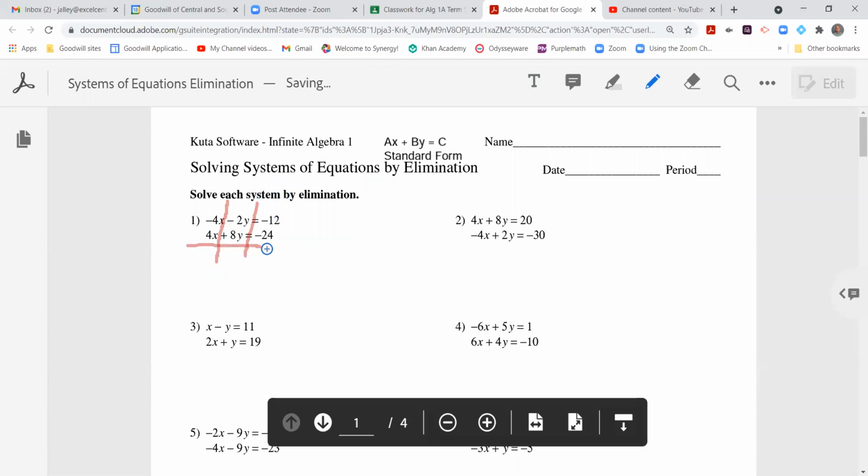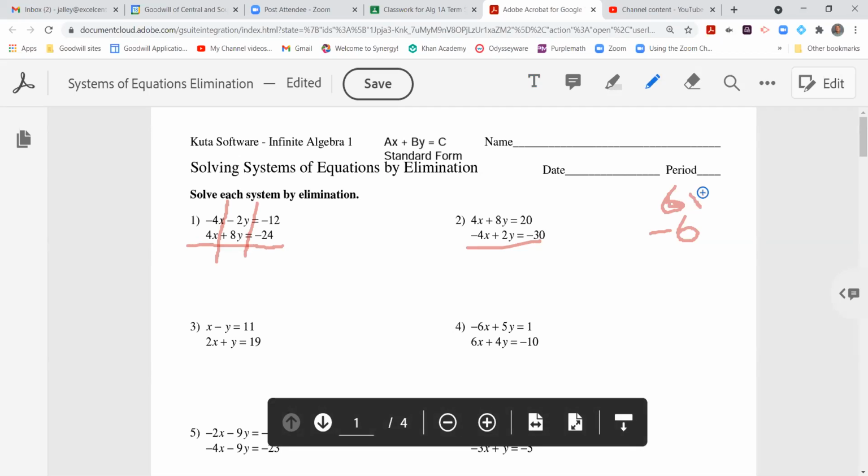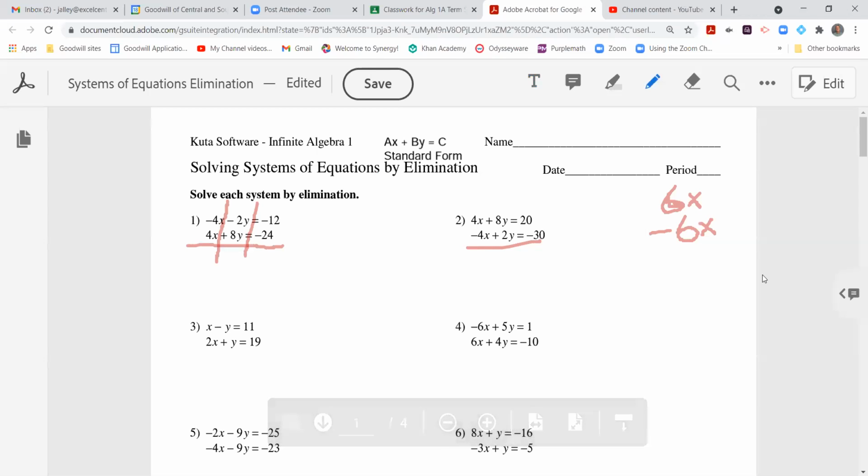Just like if we were adding 6 or subtracting 6 from a positive 6, that gets to 0. That's what elimination is all about. The fact that there's a variable associated with a term doesn't change how we use the term.